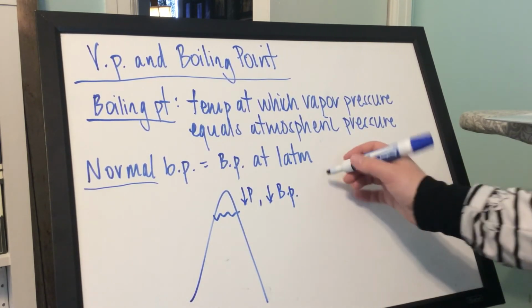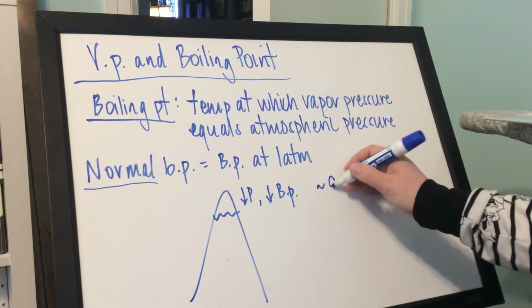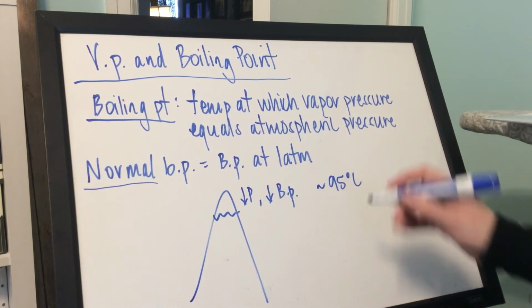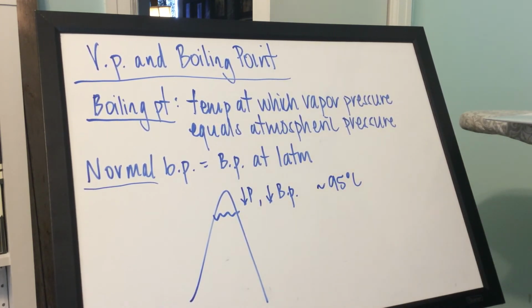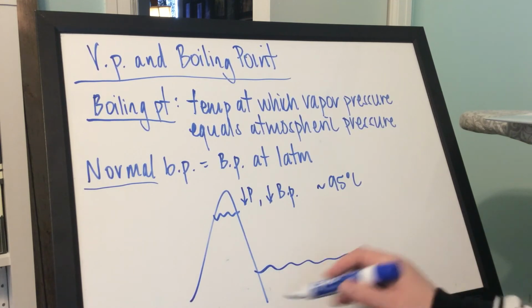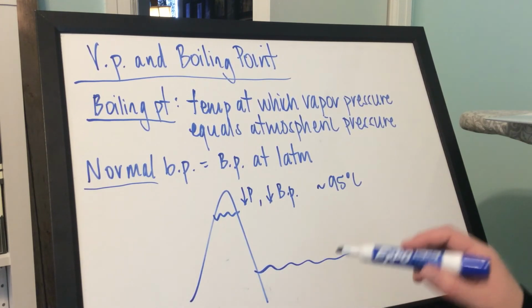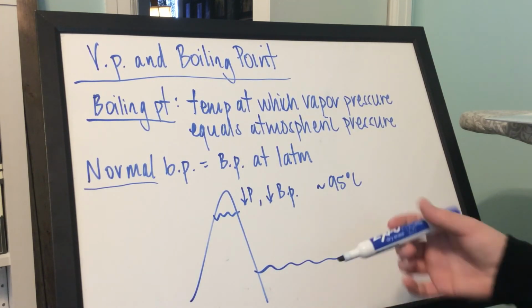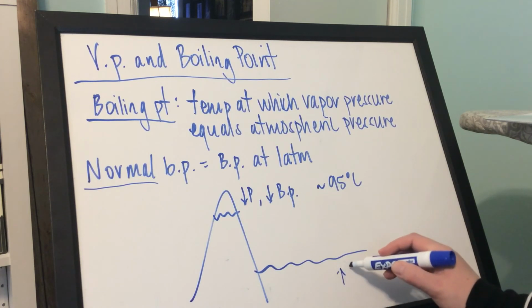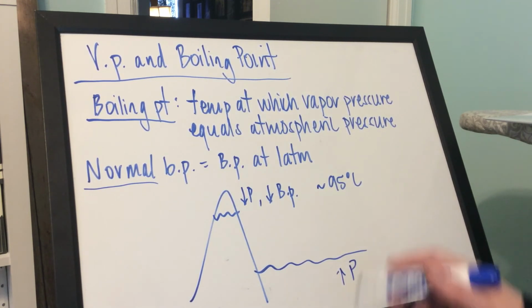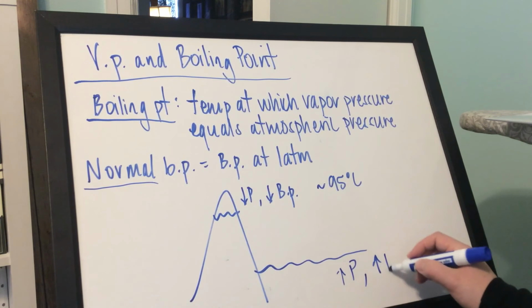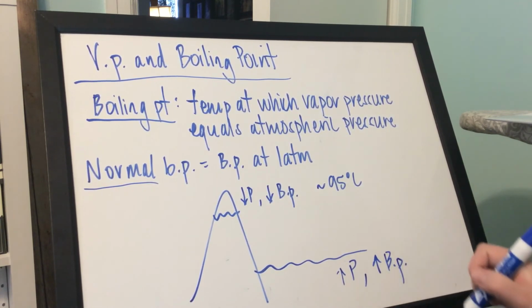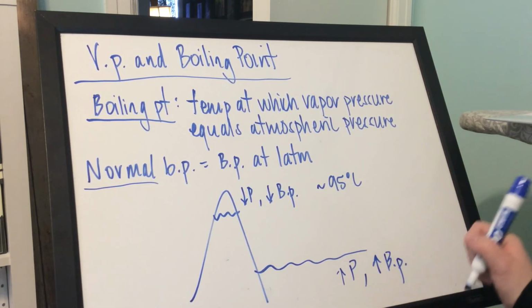And so for water, for example, it's about 95 degrees Celsius in Denver that it boils at. So it boils slightly lower because your pressure is lower. If you were to go down below sea level, for example, and I don't necessarily mean underwater, but I mean below sea level, your pressure would be increased, and that would mean your boiling point would be increased. So it would be higher than 100.